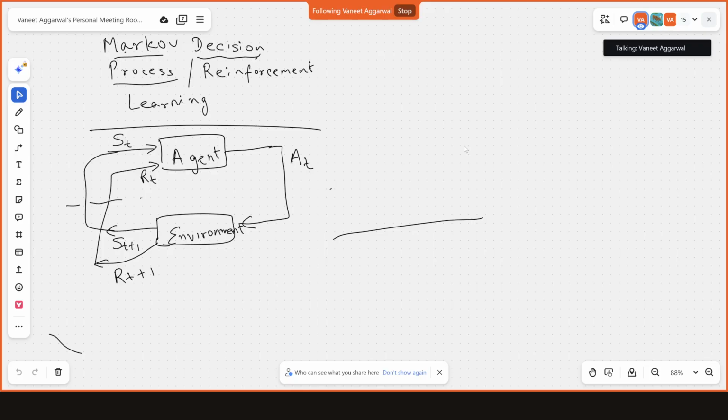So the basic thing is you have a state in the start, S0. You take an action A0, you get a reward R0, and then the system transitions to a state S1. You take an action A1, you get a reward R1, and so on.